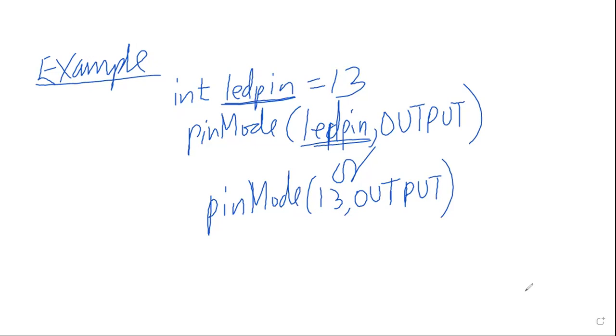Suppose I have another device like a potentiometer. A potentiometer is known to be an analog input device. So if the potentiometer is connected to analog pin number 0, I can say integer variable potentiometer attached to pin number 0.